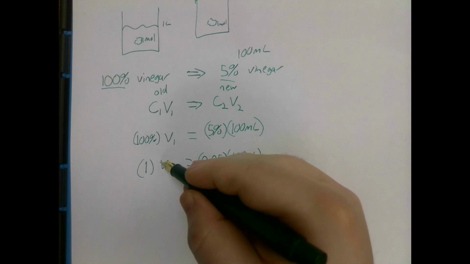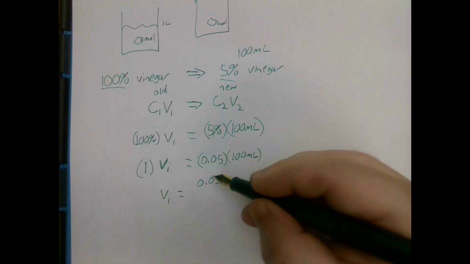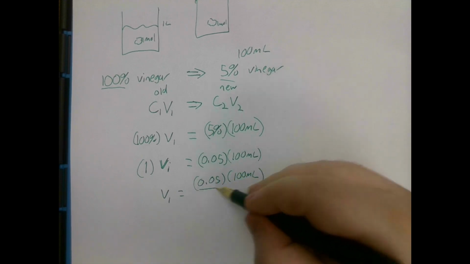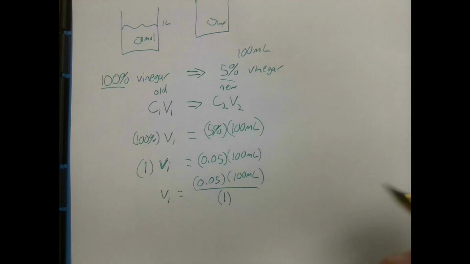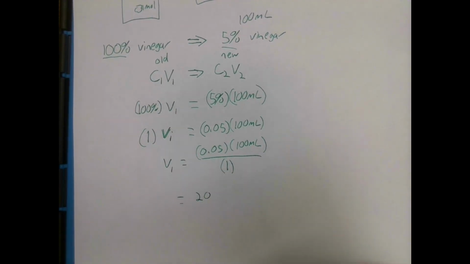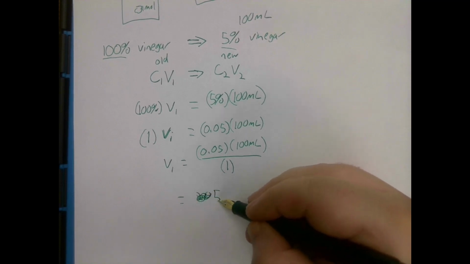Thus, solving for V1 would be equal to 0.05 times 100 milliliters divided by 1, and that gives me 5 milliliters.